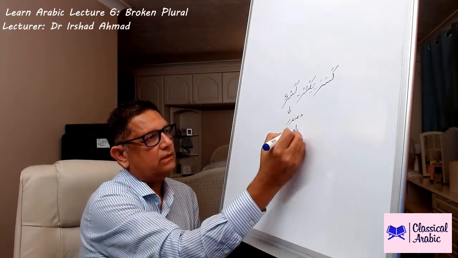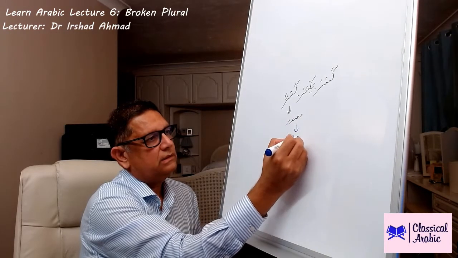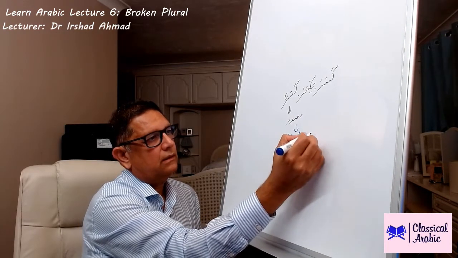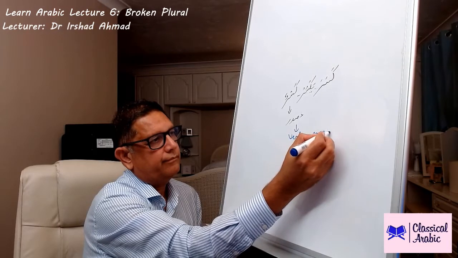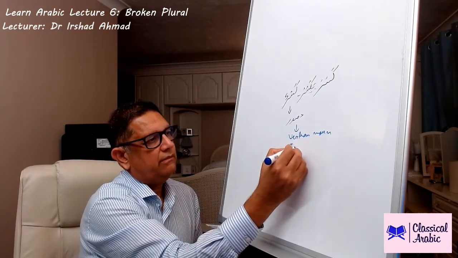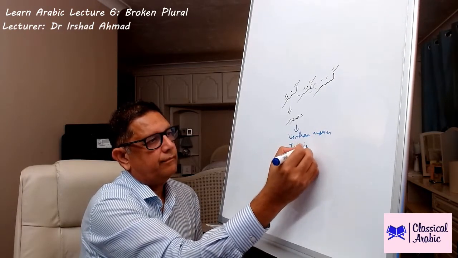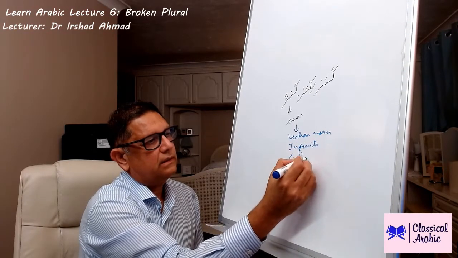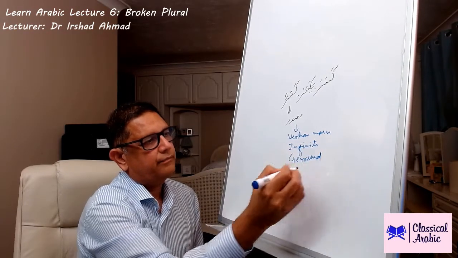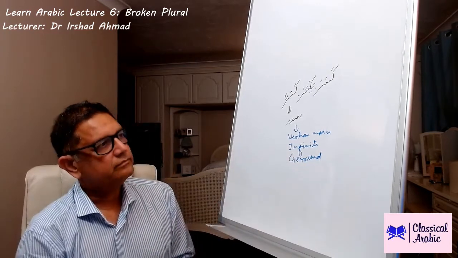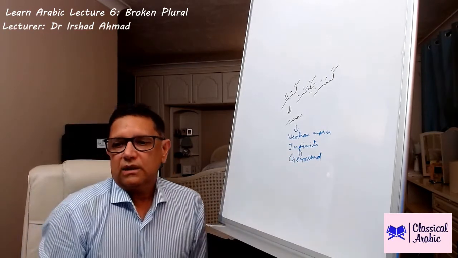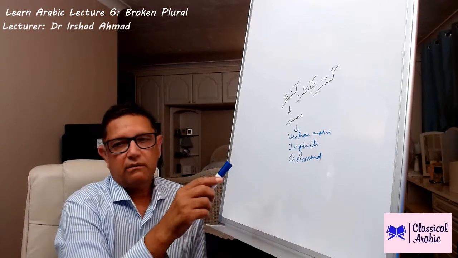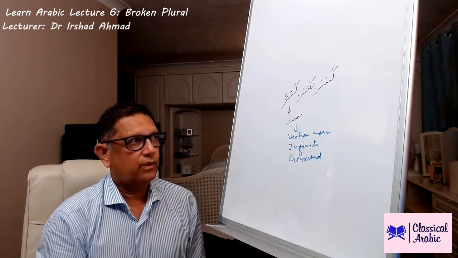We call this verbal noun. Sometimes it's called infinitive, and gerund, that's another name, the ing form. We are inshallah going to cover this topic of masdar in detail one day.